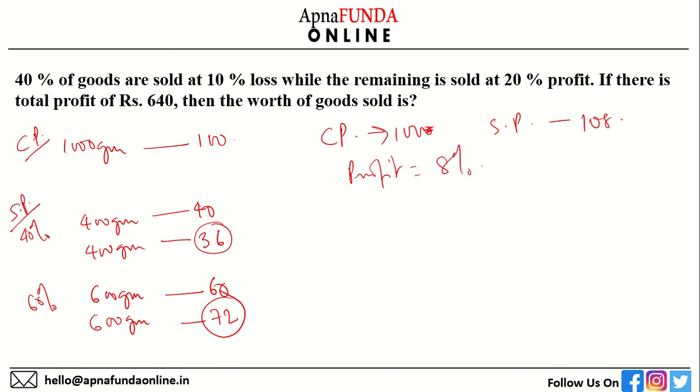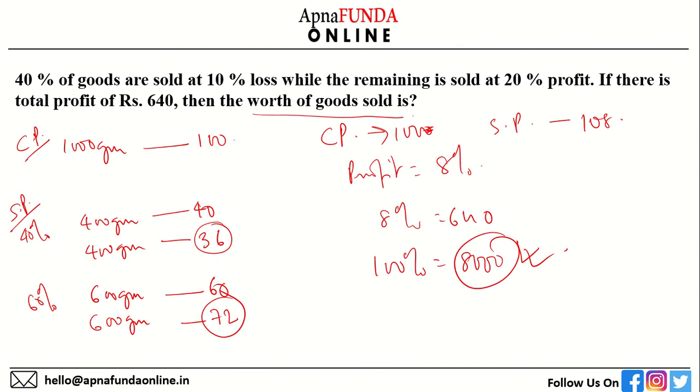If 8% is equal to 640, what does 100% equal to? We just multiply it by 12.5. Correct? If you multiply 8 by 12.5, we will get the answer 8,000 rupees. This is the worth of the goods sold.